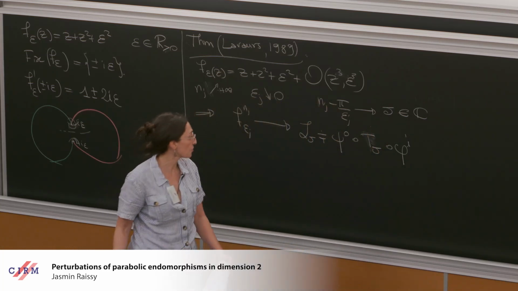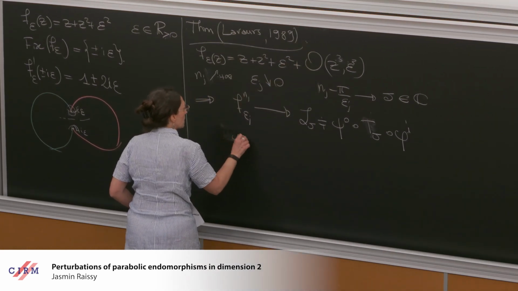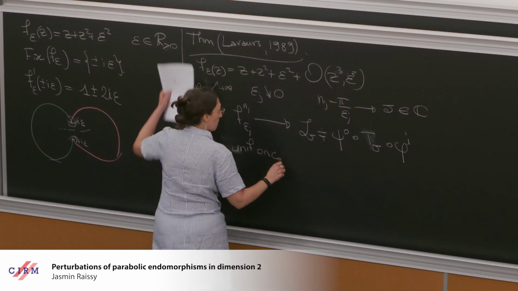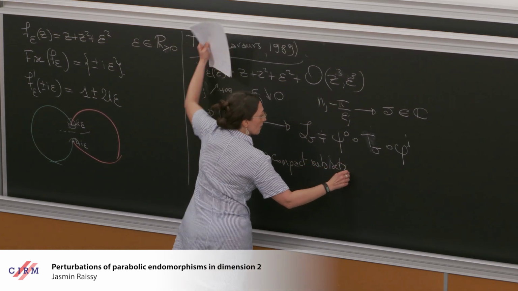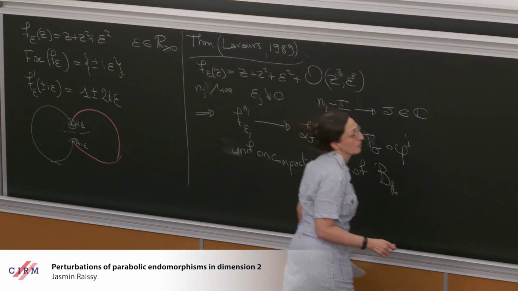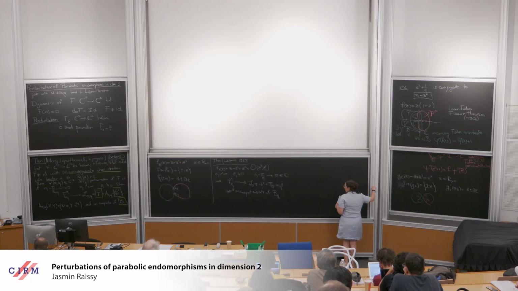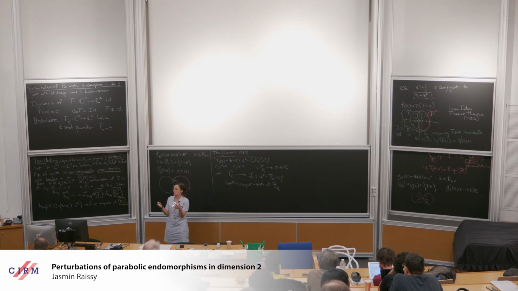So let me also write in here, well, locally, well, uniformly on compact sets of the parabolic basin of f_0. What's interesting is that you have a perturbation, but you can understand what happens to the iterates by simply looking at a map.